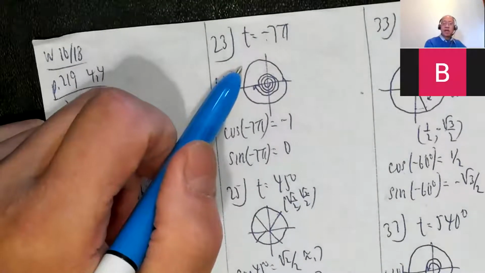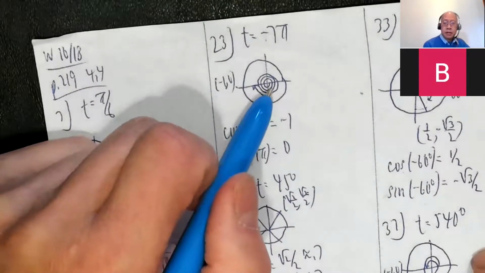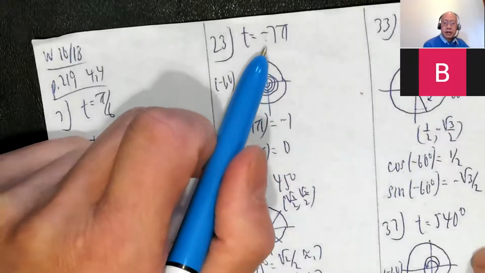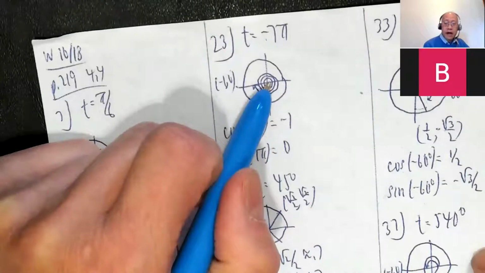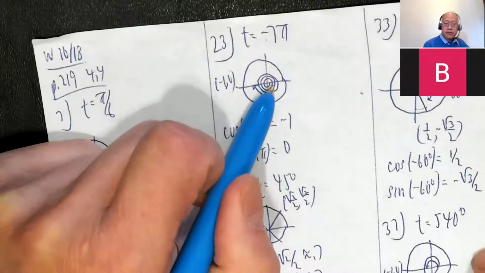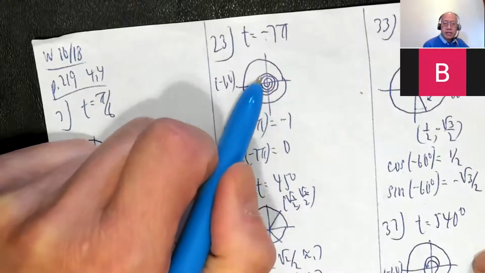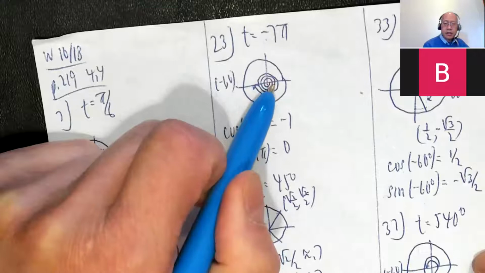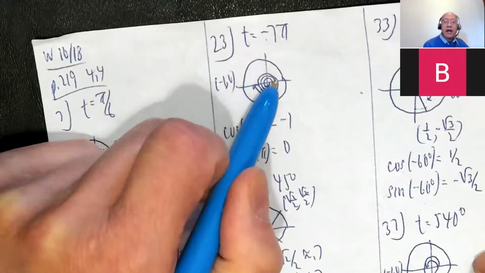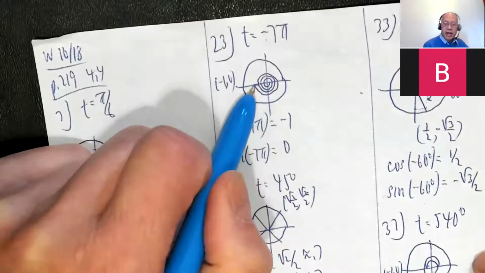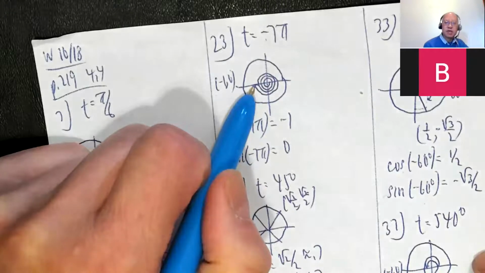Number 23, negative 7 pi. This looks almost dizzying, but for negative 7 pi, I go backwards. Once is negative 2 pi. Twice is negative 4 pi. Three times is negative 6 pi. And then another negative pi. So it lands me here. So it's 3.5 revolutions in a negative sense.